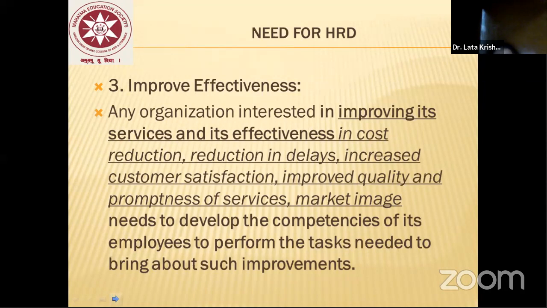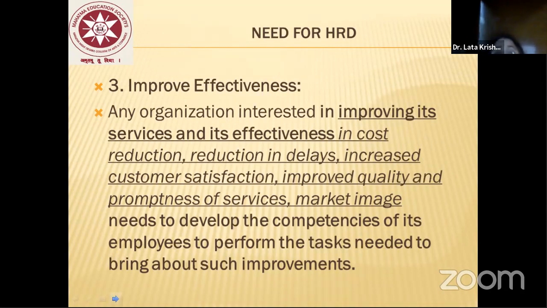Increase customer satisfaction. Customer has to be delighted with your product. Improved quality and promptness of service. Marketing image. All these are key aspects in today's competitive world. And if a business organization has to stay on the top, all these aspects have to be kept in mind.